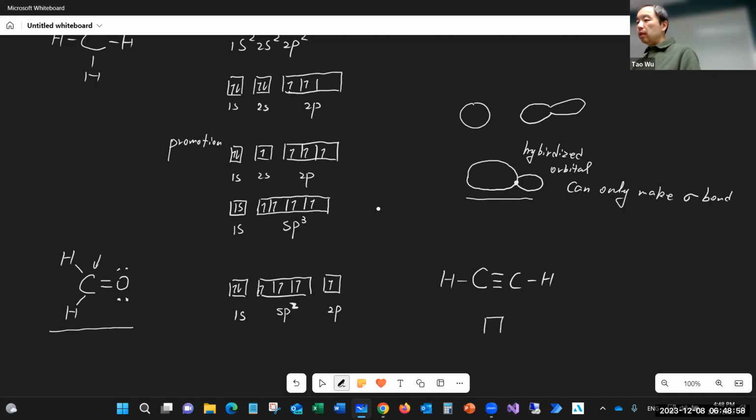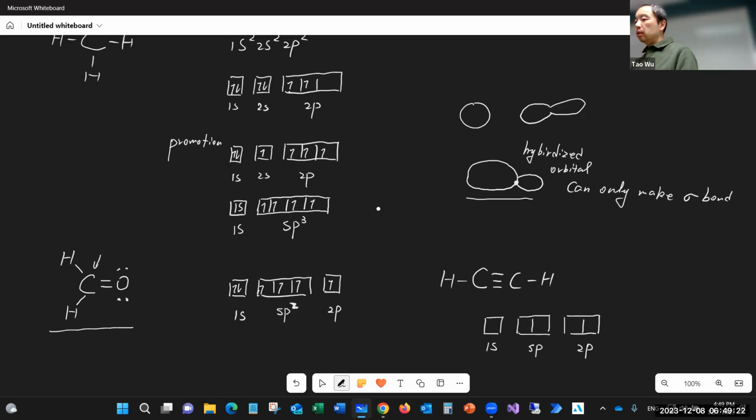Well, we still have the 2s there. Now instead of hybridizing two or three of the p, we hybridize only one of the p. So now we make an sp hybridization and leave 2 of the 2p left over.